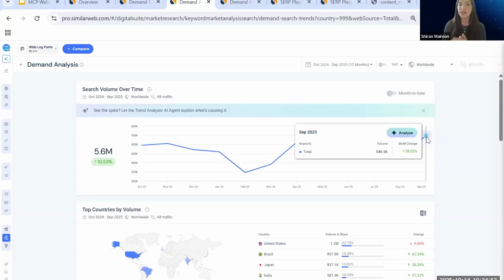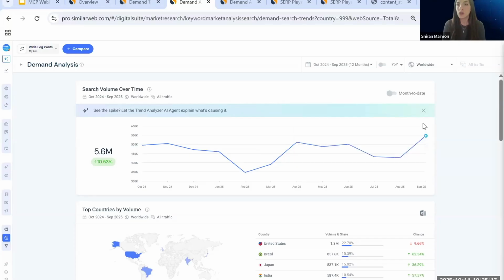Interestingly, I would like to analyze this section and understand, first of all, what the terms were, what different phrases users looked for when they searched on different engines. But even more than that, what happened in the fashion and apparel industry as a whole that caused such a significant increase in user interest?